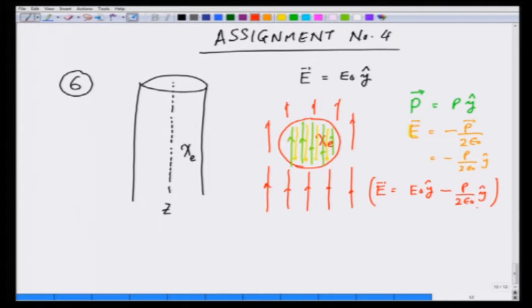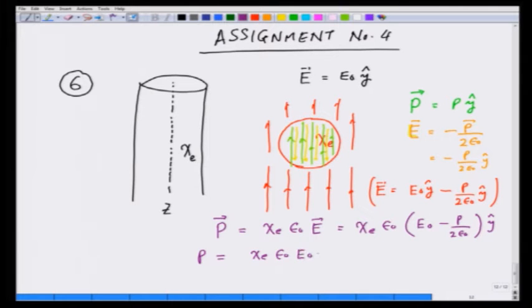Now, I can find P using the constitutive relationship, which says that P inside, since everything is in y direction, is equal to chi e epsilon 0 E at that point. So, this is going to be equal to chi e epsilon 0 times E 0 minus P over 2 epsilon 0 in the y direction. Therefore, P is equal to chi e epsilon 0 E 0 minus chi e P over 2.